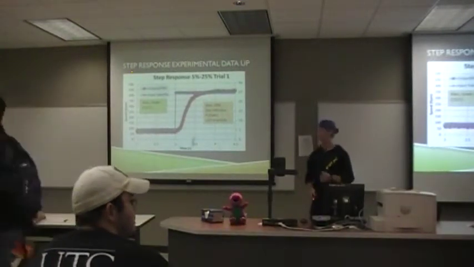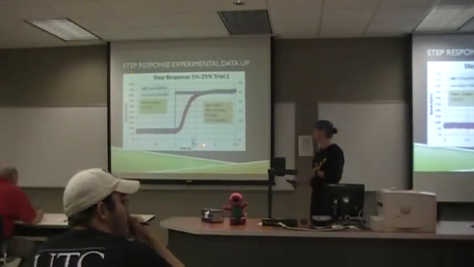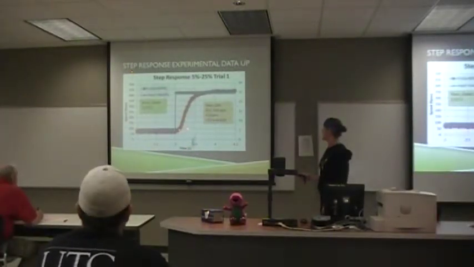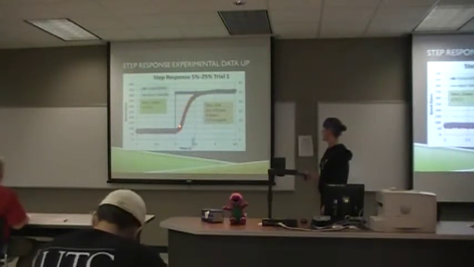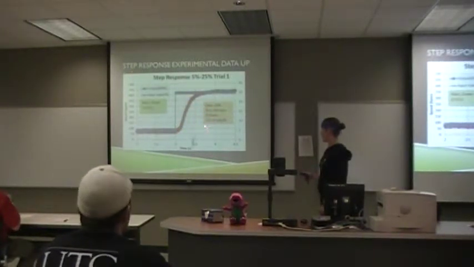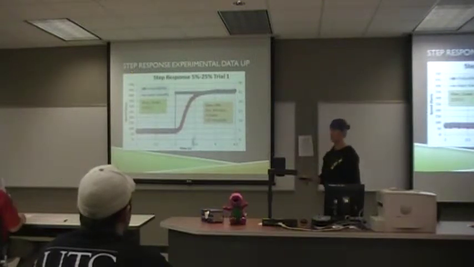Here's a step response from 5 to 25%. The blue is the input, and red is the output. This is for a 20% step, which corresponds to a 350% increase in output. From this, we can find the gain, which was 17.4 RPM per percent.